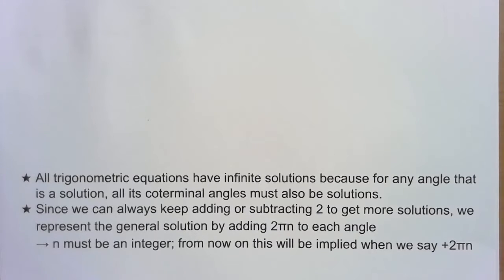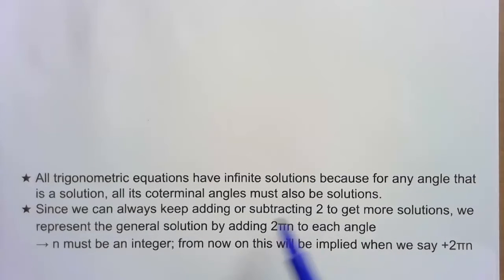So to find any solution, we could add some multiple of 2 pi. Maybe we went in a full circle 3 times, so we would add 2 pi times 3. Or maybe we subtracted 2 full circles, then n would be -2. We would add 2 pi times -2. That would be like subtracting 2 full circles.